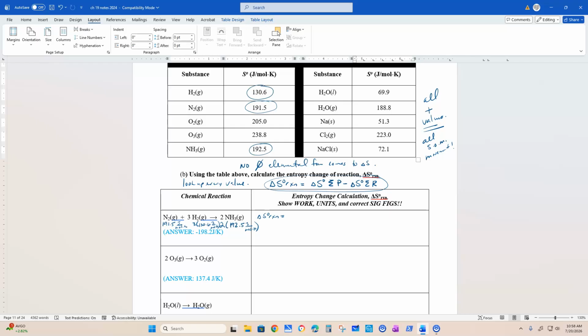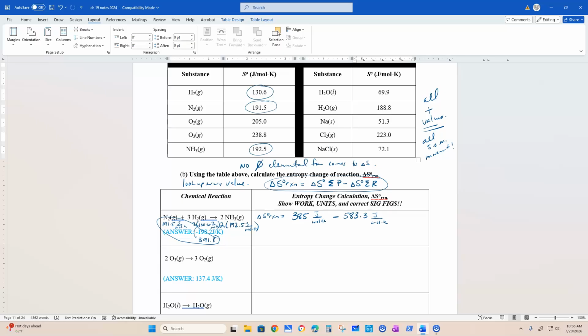The only product I have is 2 times 192.5, so my product is 385 joules per mole K. I'm going to subtract the reactants, and I have to multiply the hydrogen out first: 3 times 130.6 gives 391.8. I add these two values, 191.5 and 391.8, for 583.3 joules per mole K.